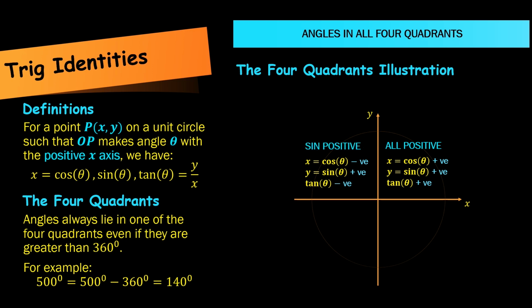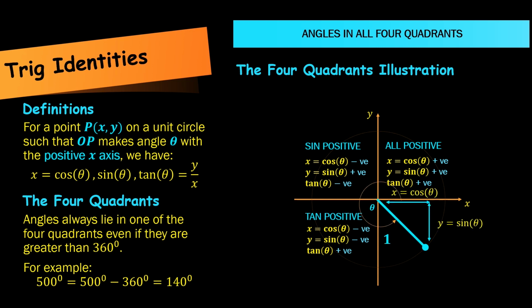So sine is the only one out of the three which is positive. In the third quadrant, x is negative, y is negative, and of course, since tan is defined as y over x, tan is positive. So tan is the only one which is positive out of the three.